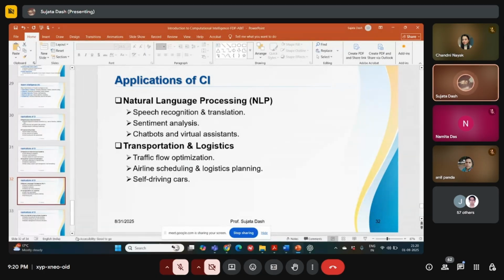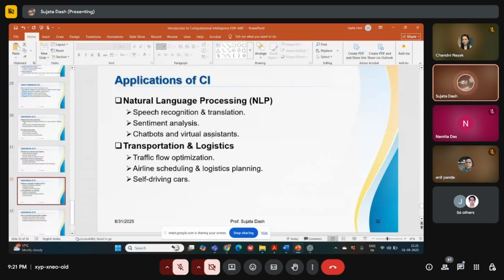Now let me take you to applications of CI in natural language processing. I'm not going deep into this because my time is already going over. As you know, natural language processing can be used in speech recognition and translation, sentiment analysis, and chatbots, which are very popular nowadays. For banking and for any kind of online marketing, you are using chatbots or virtual assistants like Siri and Alexa.